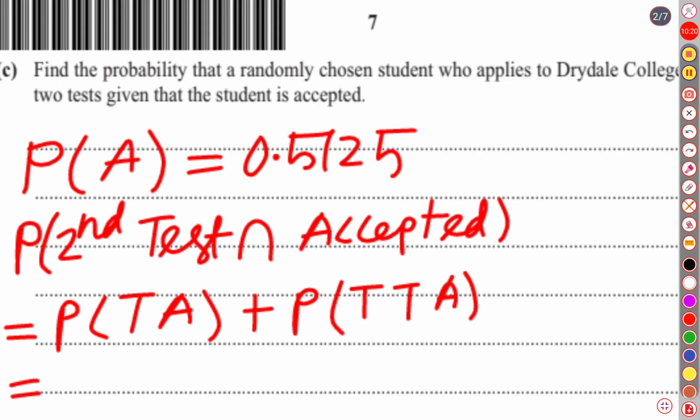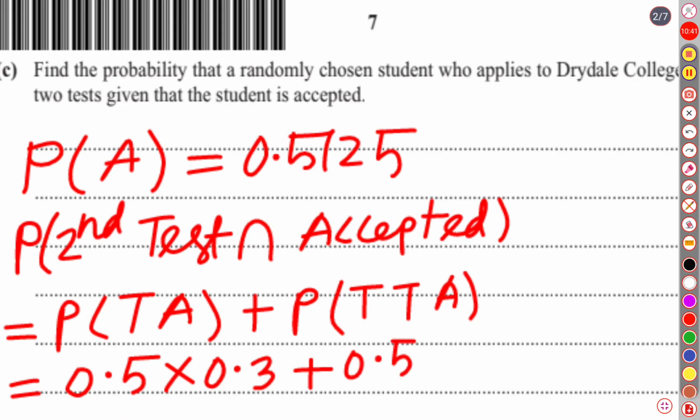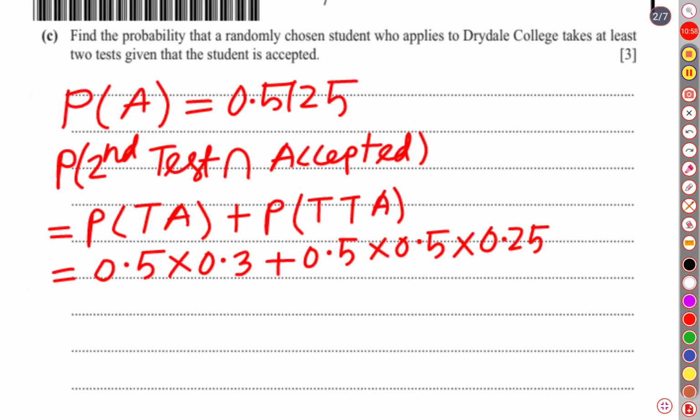So the probability of T was 0.5, and the probability of acceptability was 0.3, plus: two times he failed, so 0.5 times 0.5 for T and T, and acceptability in the third test is 0.25. I think you are getting my point. Second test and accepted.